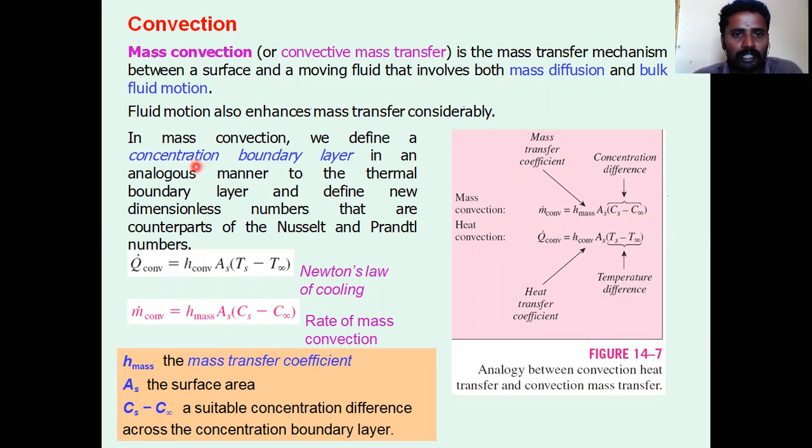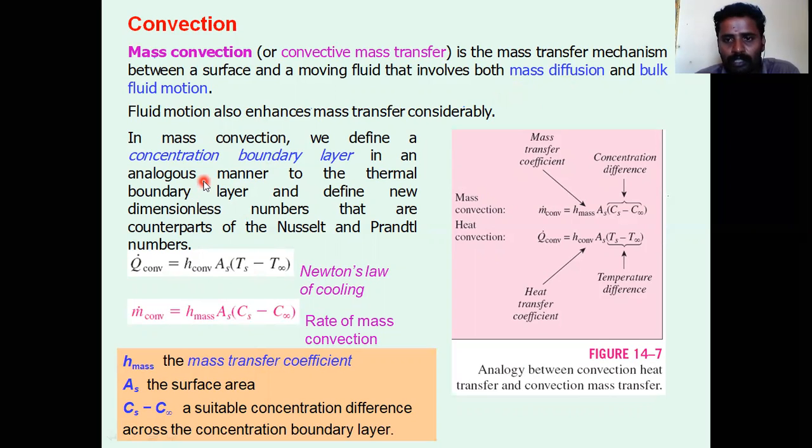Similarly, in mass convection, the concentration boundary layer is involved. The difference between heat convection and mass convection is that mass convection is a mass transfer mechanism between the solid surface and the fluid medium with bulk fluid motion. In heat transfer, only a small amount of bulk motion is transferred. In mass convection, we consider the bulk motion of fluid from the solid surface to the fluid region.